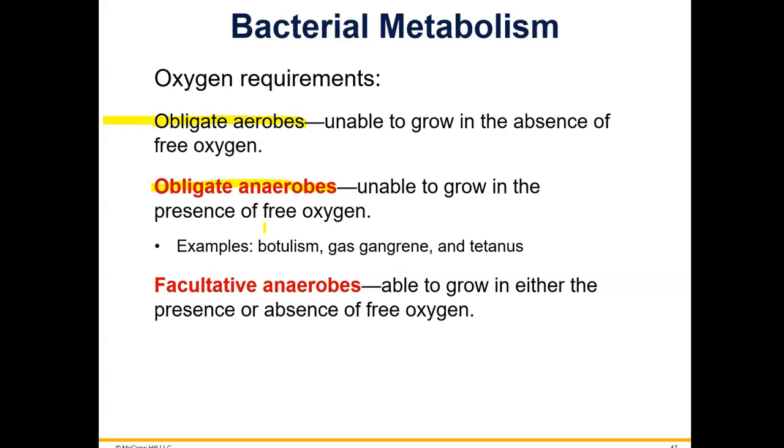So it's like a stomach infection, a stomach disease. So obligate anaerobes will die in the presence of oxygen. But then we have facultative anaerobes, and they prefer to be without oxygen, but they will not die in the presence of oxygen. So they can survive in the presence or absence of oxygen.